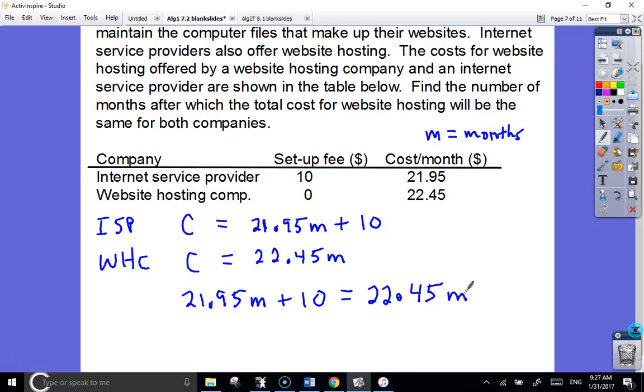What should I do to solve that one? Remember, what do you usually do? You deal with the variable terms first, and the smaller of the two is the one you want to move. So how do you get rid of a positive 21.95 M? You subtract it from both sides.